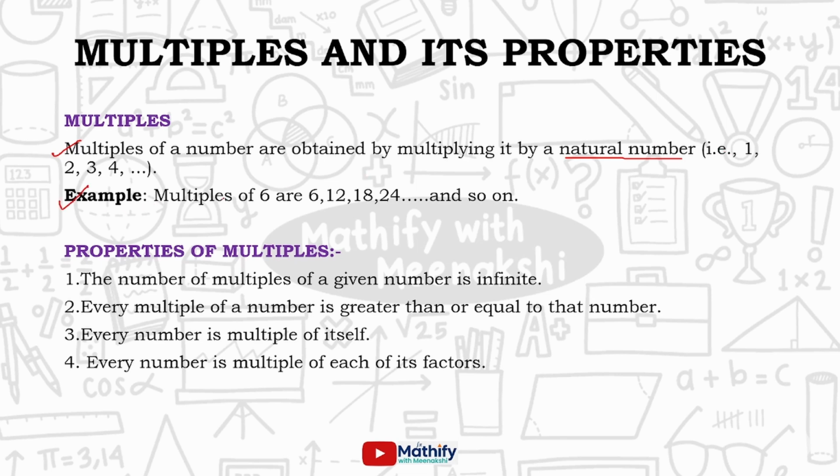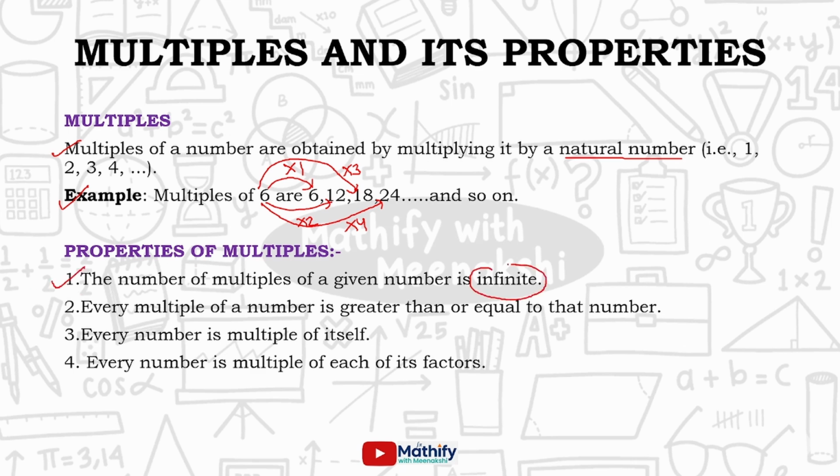So examples of multiples of 6: 6 into 1, 6. 6 into 2, 12. 6 into 3, 18. And 6 into 4, 24. And so on. So basically, the table of 6, you can say. Now we'll go to the next topic, properties of multiples. The number of multiples of a given number is infinite.